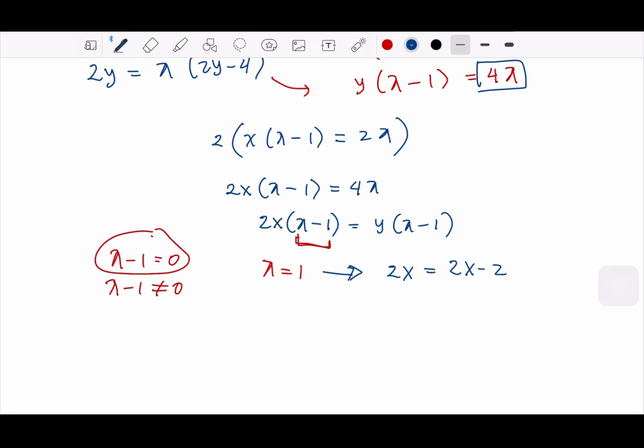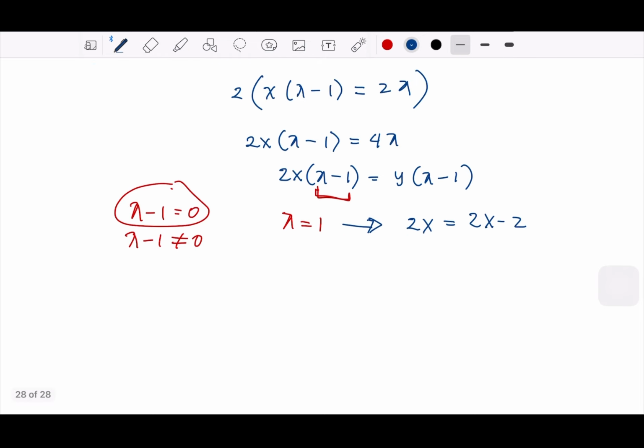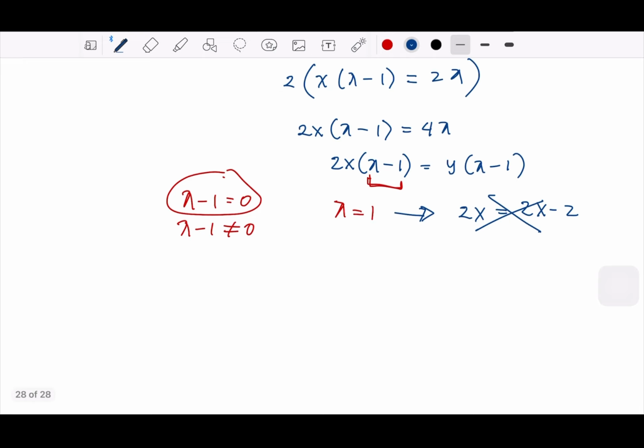So it doesn't feel correct, right? So we see the second option for this one, and that is, I think, quite true. So if we have lambda minus 1 not equal 0, then we can simplify this into these equations.